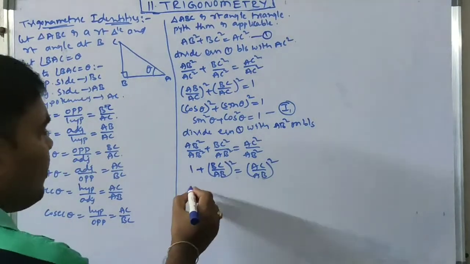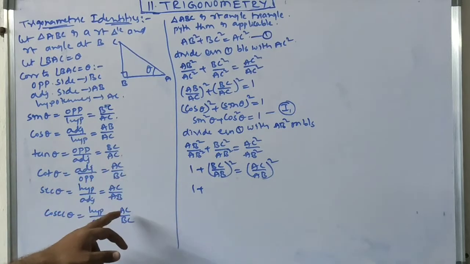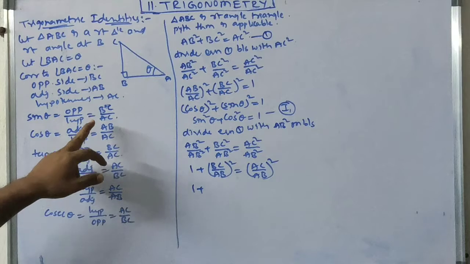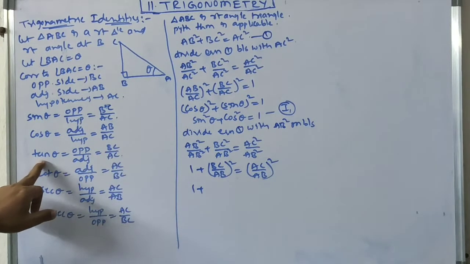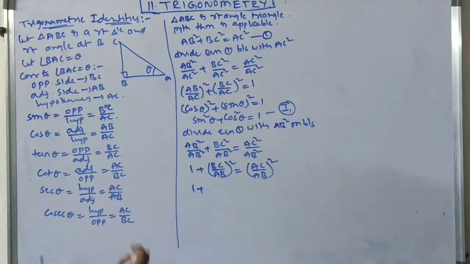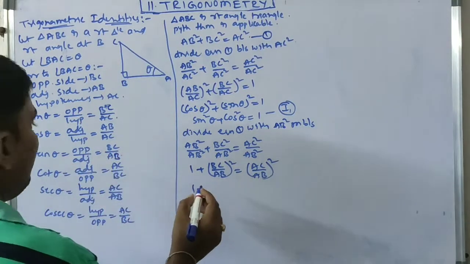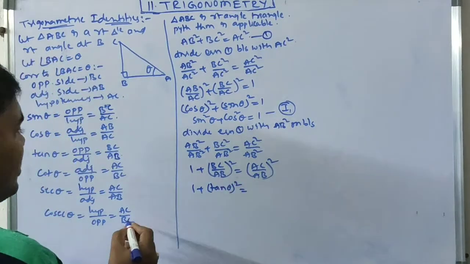So 1 plus BC by AB. Here it is BC in the numerator. So actually tan theta equals opposite side by adjacent side, which is AB. BC by AB equal to tan theta whole square, equal to AC by AB.